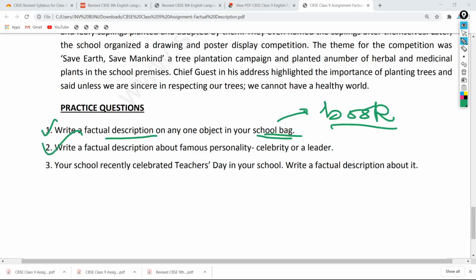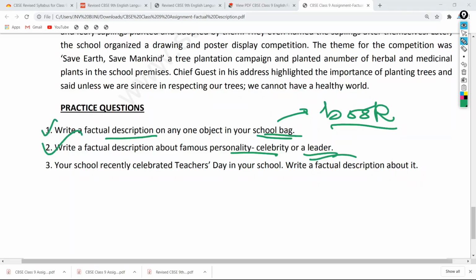Second one, write a factual description about a famous personality. Amitabh Bachchan, okay, Dr. Sarvapalli Radhakrishnan, okay. Like those people, you can talk about APJ Abdul Kalam.